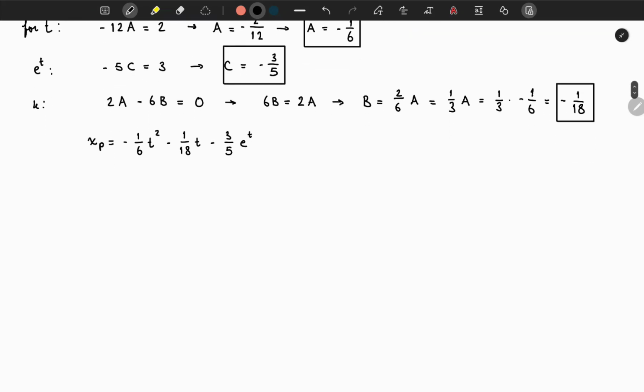Now we know to find x of t, we have one final step. To find x of t, all we have to do is add xc plus xp.